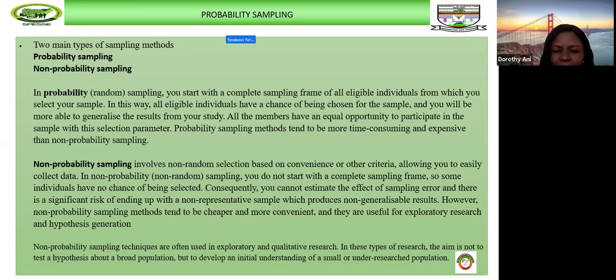So probability sampling methods tend to be more time consuming and expensive than non-probability sampling. Because it's the more scientific way of doing it, you ensure that anybody can be chosen. You are not biased. It's a free and fair thing. It's not that you really wanted this person and so you want him to be in the sample.